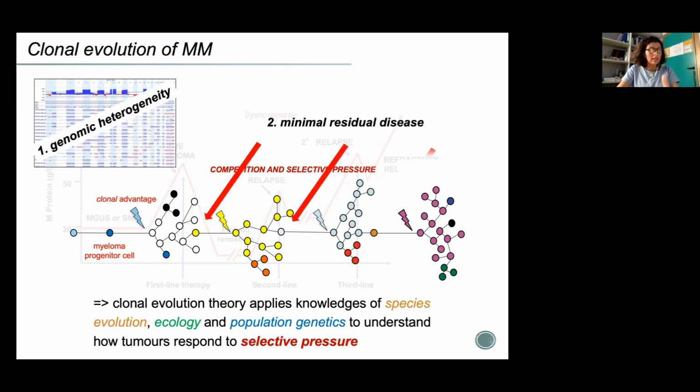Second, the minimal residual disease, the residual cells after therapy, whose quantity and quality correlate with patient's prognosis and might explain the disease outcome of each patient.